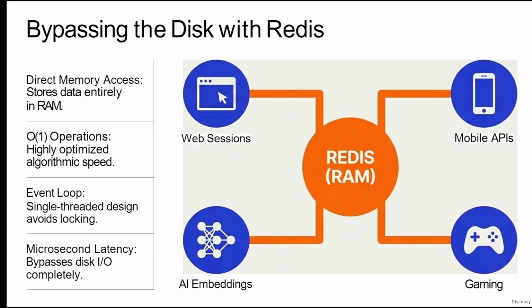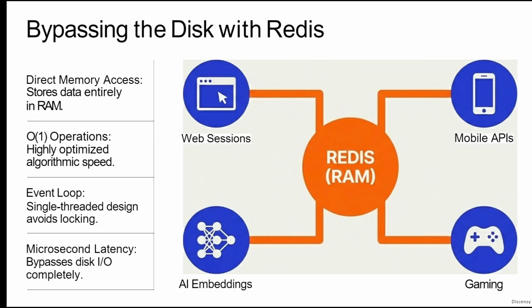These are the scenarios where Redis could be very helpful. You could also see direct memory access. So it stores the data entirely in the RAM, so that picking the data, fetching the data is made so simple. And also you could find the time complexity Big O of one operations. So it is highly optimized algorithmic speed.